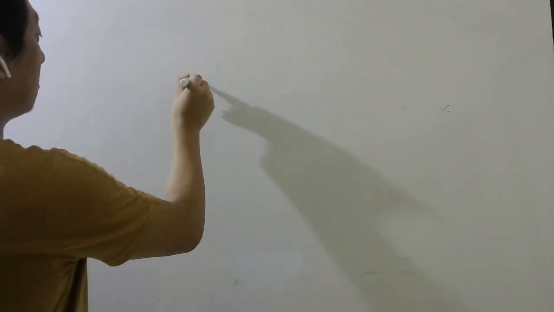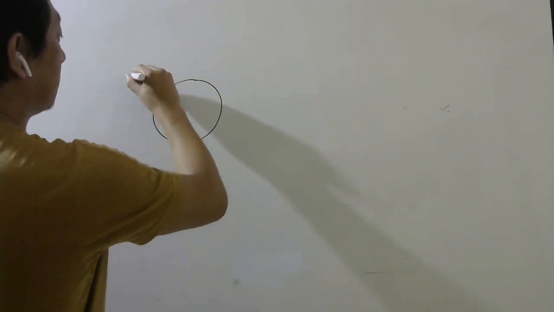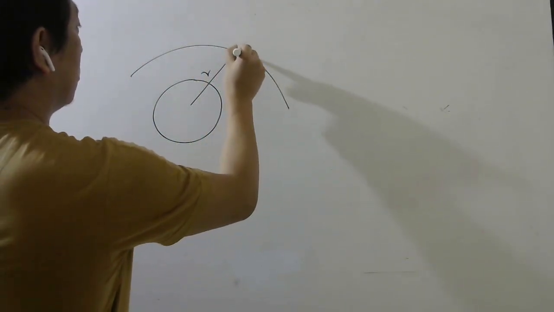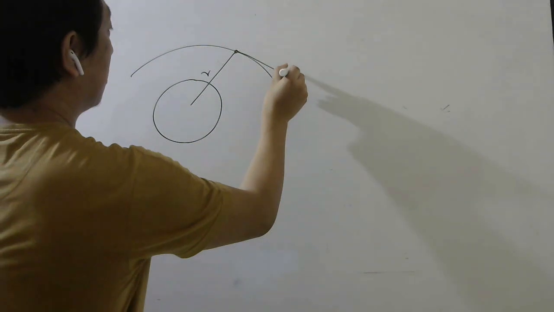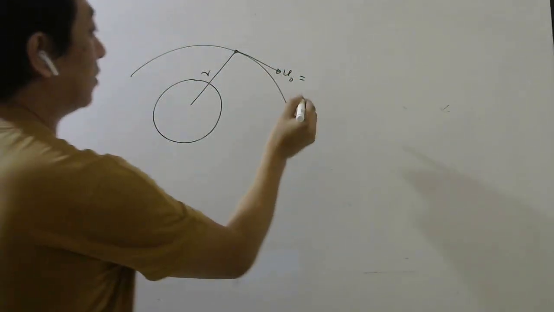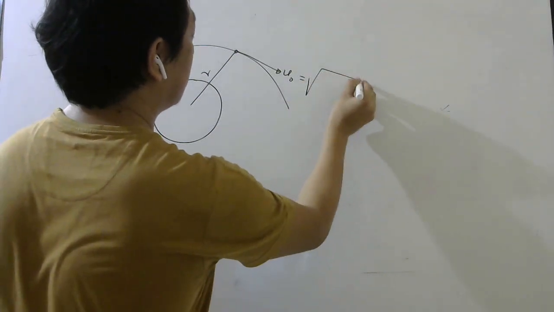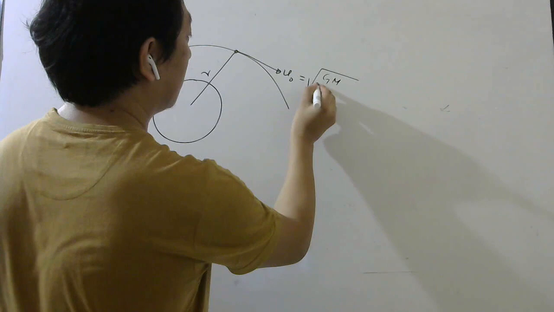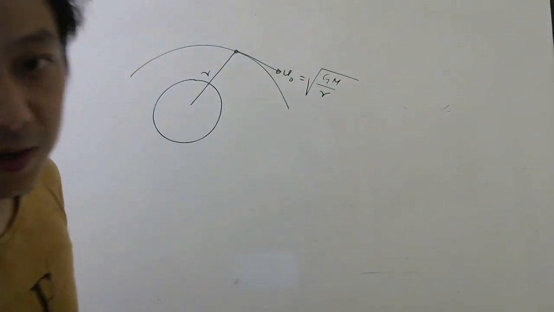What about from some height? So let us say our body is already orbiting with some velocity. When it is orbiting, how much velocity does it have? Root over GM by r. That is the orbital velocity, right?